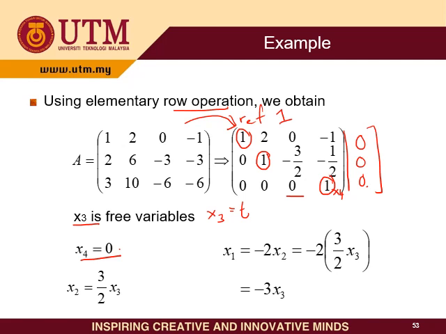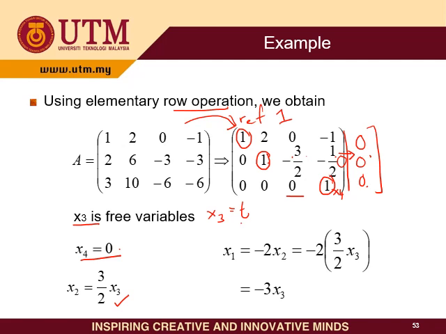Now finding x2, we move this over here, so we will find 3 minus 2x only, because we know that x4 is 0, so negative 3 over 2 goes here, and it will be 3 over 2 x3, because x3 is our t here.